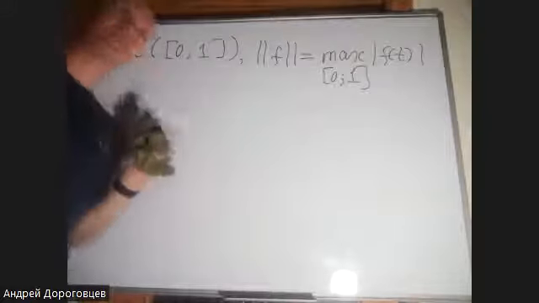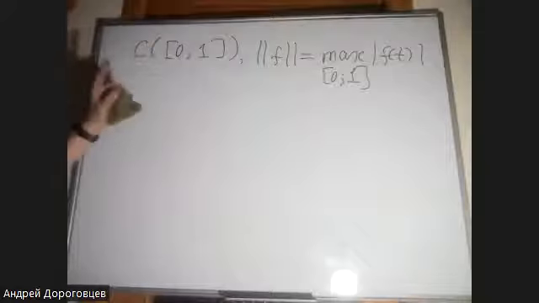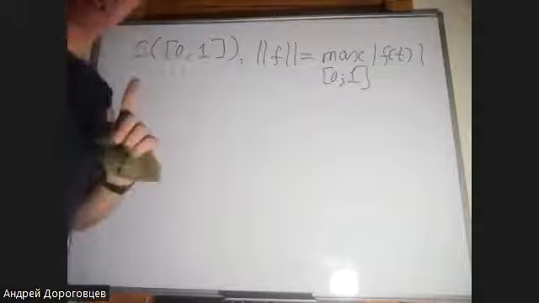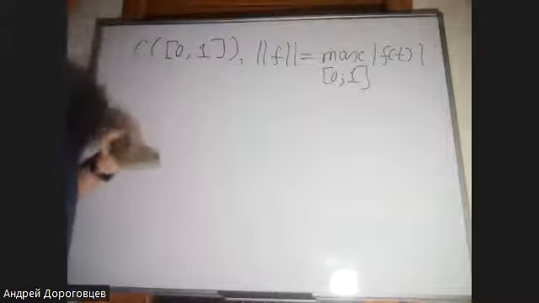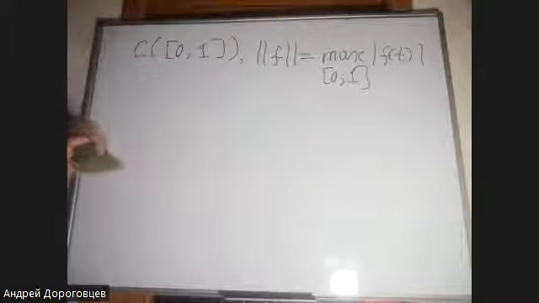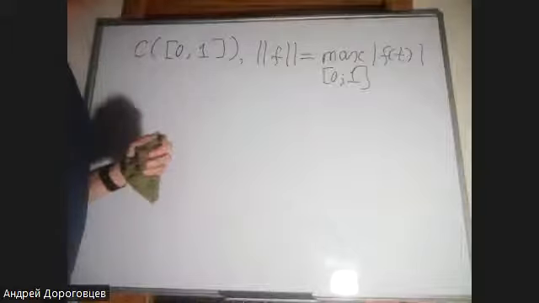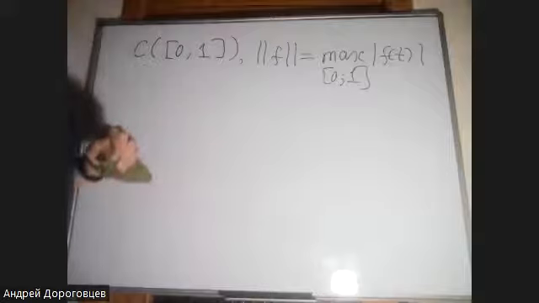It is not so trivial now that C[0,1] is separable, and there are different ways to prove this. One can be based on the approximation by polynomials.